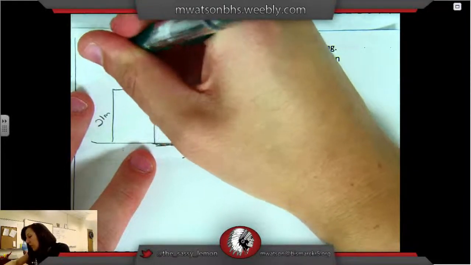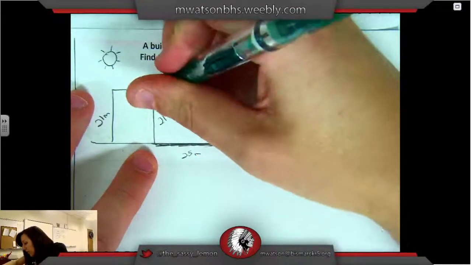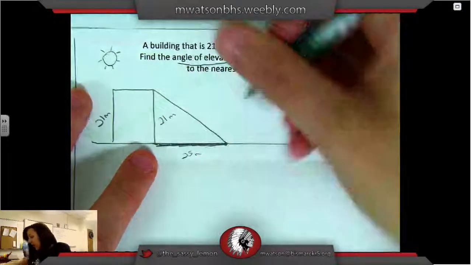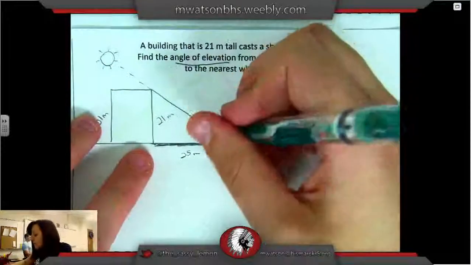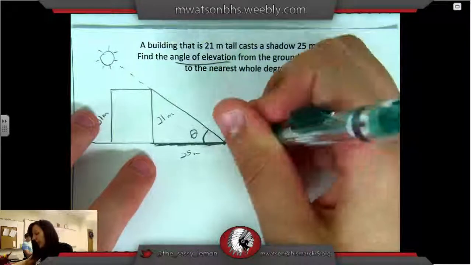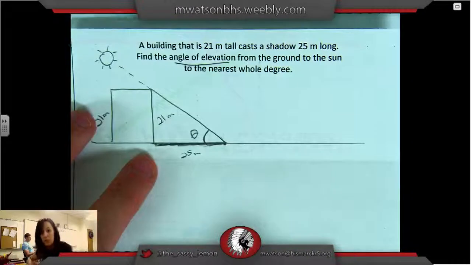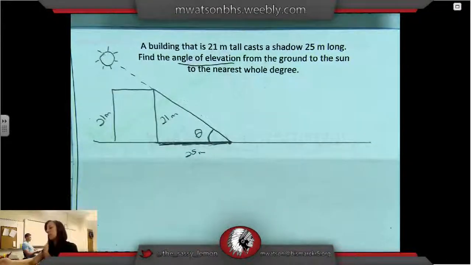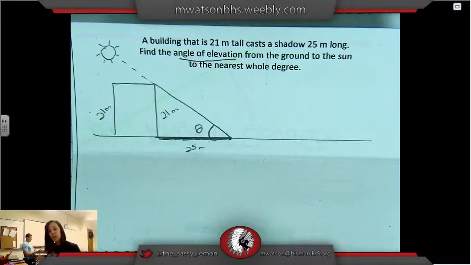And you can see that's what's causing this shadow to occur. And this is forming a triangle. It's asking what's the angle of elevation to the sun. So that's going to be this angle right here. Notice horizontal line, angle, or ray to an object above. So theta is what we're looking for.